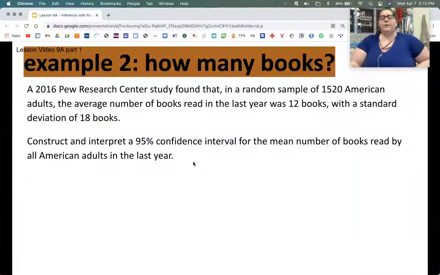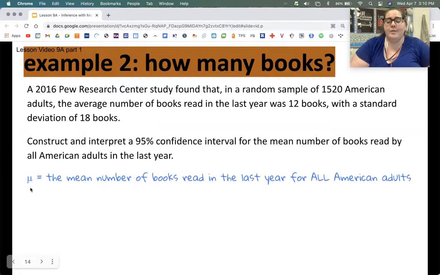So our parameter is now mu equals the true mean. In this case, mu equals the mean number of books read in the last year for all American adults. So we have what's true for a sample, and we're trying to estimate what's true for all American adults.